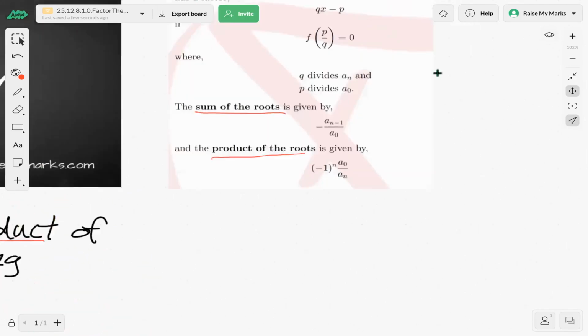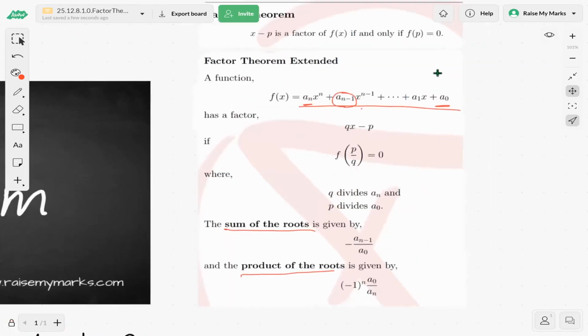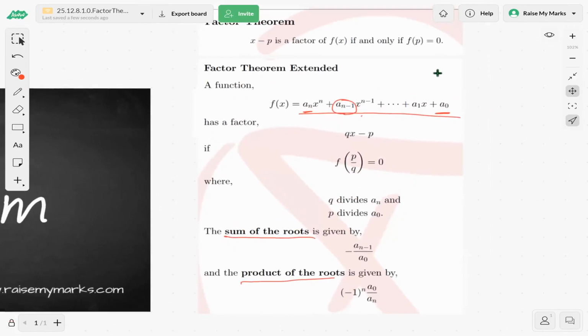So let's go back to the statement of our factor theorem. Notice the second part, the extension, tells us that if we have a function that looks like a polynomial, it has a factor that has the form qx minus p if f evaluated at p over q equals 0, where q is a factor of an and p is a factor of a0, the constant term.